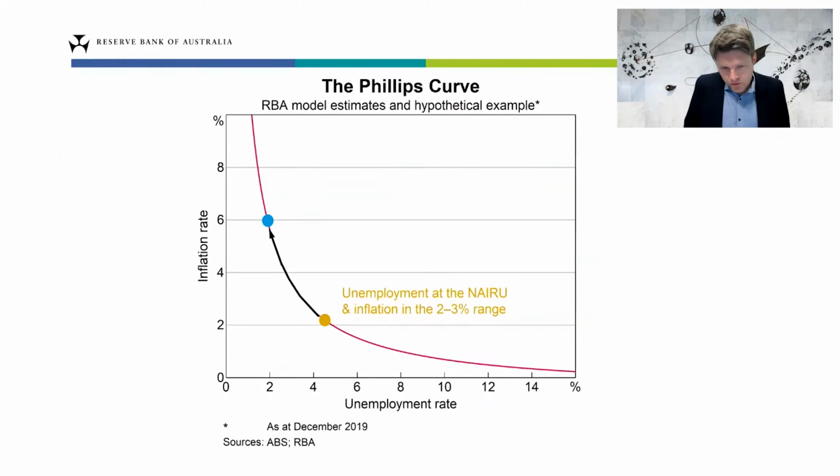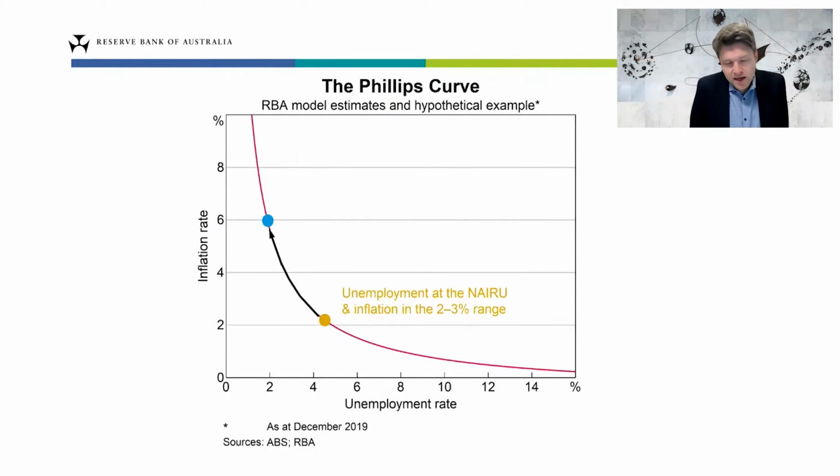And so from the framework of the Phillips curve, what happens is that the economy moves along the short run Phillips curve from this gold dot to the blue dot. And so in the short run, the bank succeeds in getting more people into work, but at the cost of a higher rate of inflation.